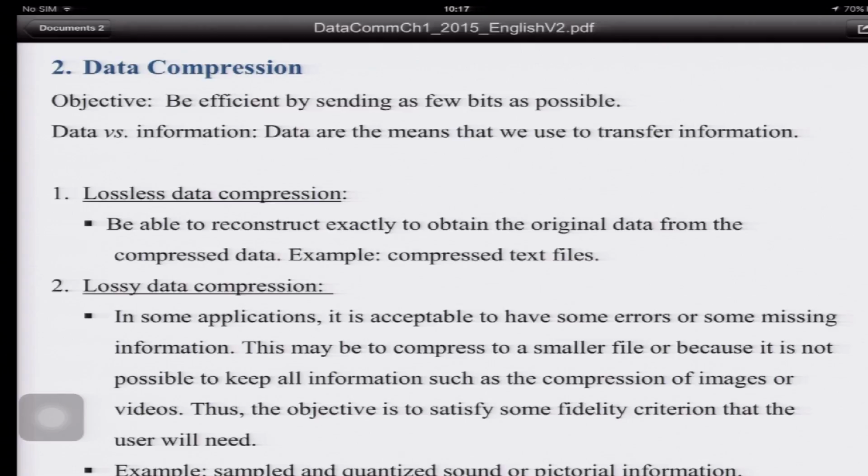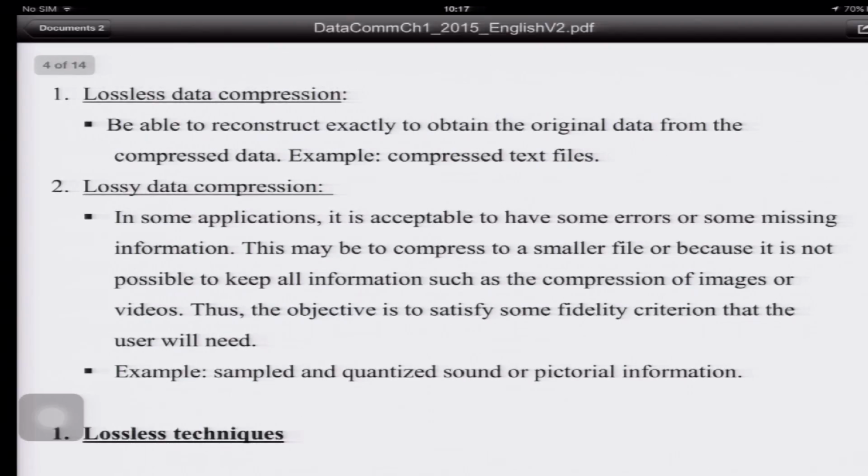Data is something discrete, something that we can touch and use. This is a word, this is alphabet A, this is alphabet D, something like this. So what is on the sheet right now, the alphabet or the words that you are seeing, they are data. But what I'm trying to give to you is the information.